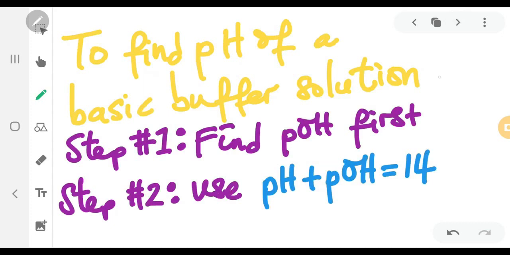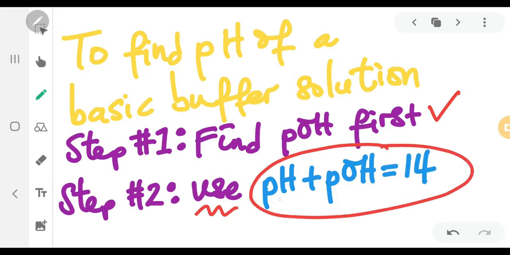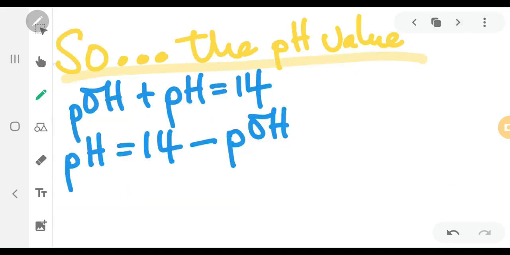Remember, we have done this. So we have found the pOH, and now we're going to use this formula to find your pH. The value of pOH that we have figured out just now is 5.0, so we're just going to replace that.